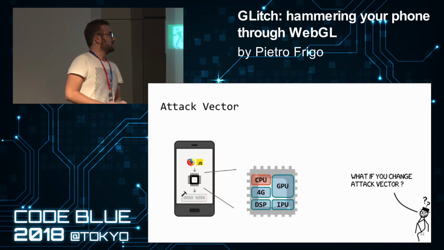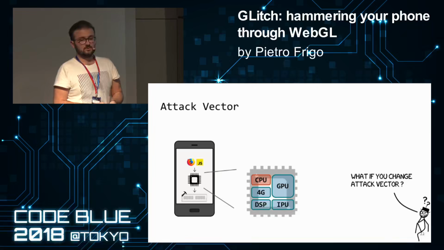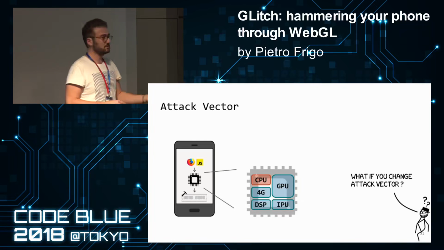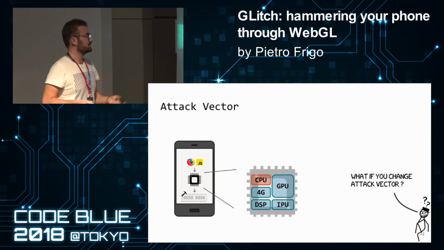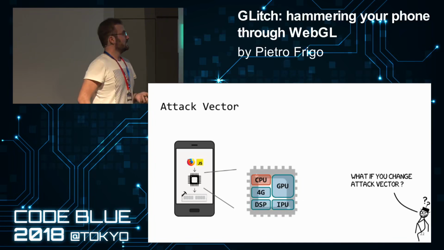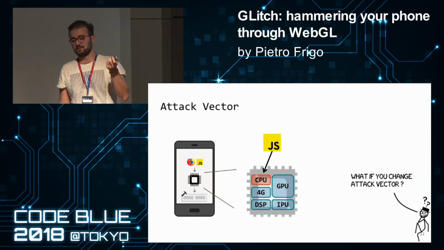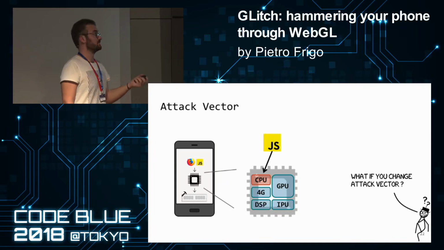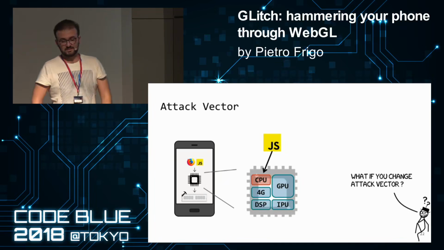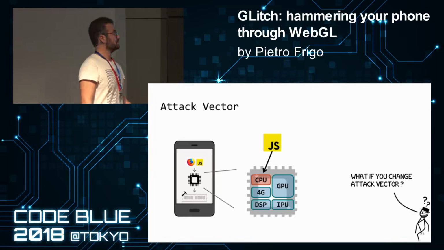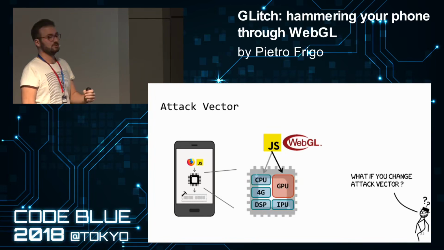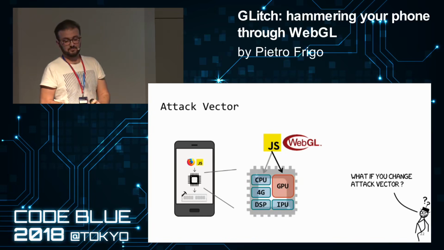But it turns out that in modern systems, you don't have only a CPU, but you have a system on chip that contains a CPU, GPU, digital signal processor, and whatnot. And the CPU is not the only one available from the web, so you can run your code in JavaScript on the CPU. But as you maybe have guessed from the title of this talk, you can also use WebGL on the GPU, so you can run code on the GPU from the web.